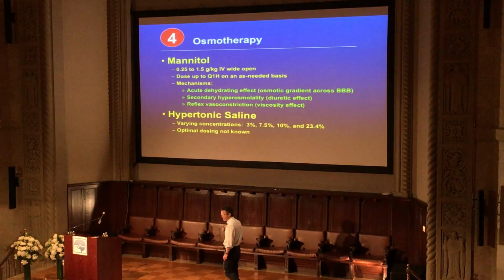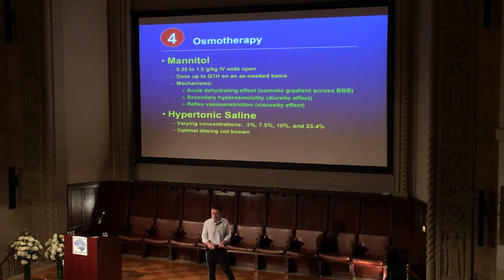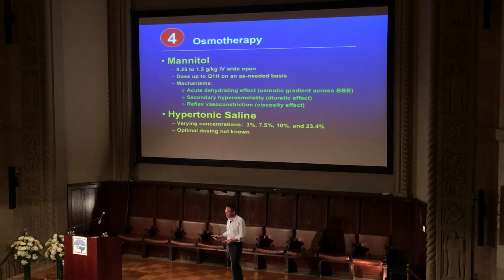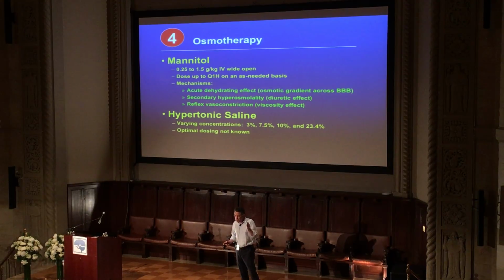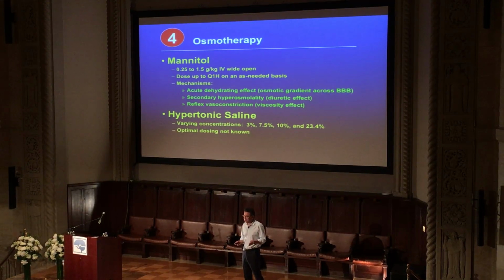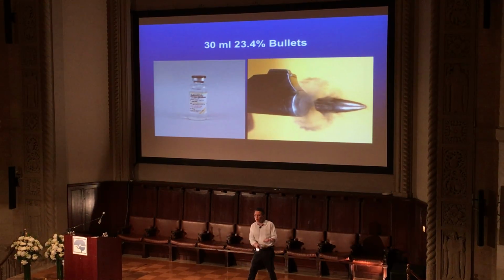Look, ma, no mannitol. In terms of osmotherapy, my only comment is I don't like continuous infusions of 2 and 3%. So you'll hear me talk about using bolus osmotherapy. I believe that's the way it should be used because the acute osmotic gradient leads to the water shift, leads to the dehydration, leads to the clearance of the free water.